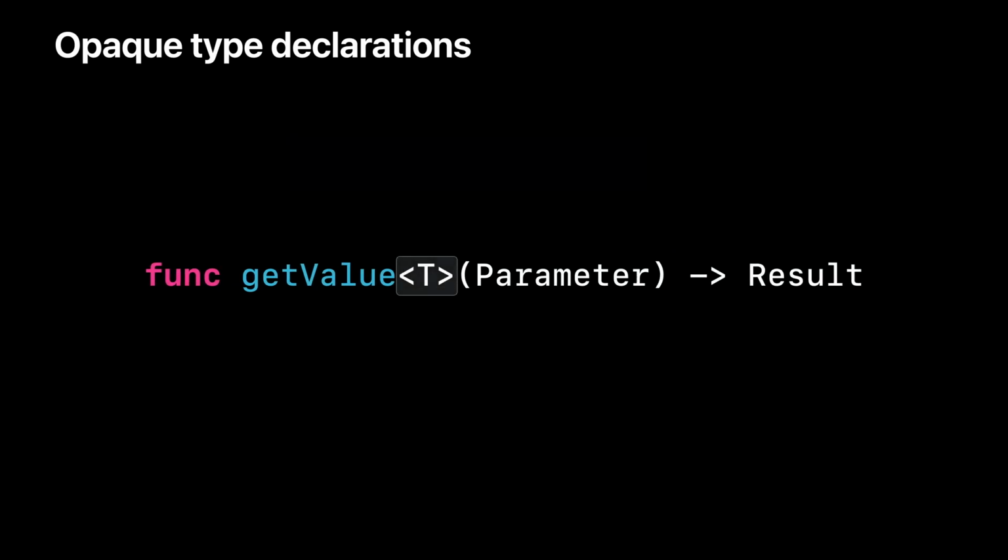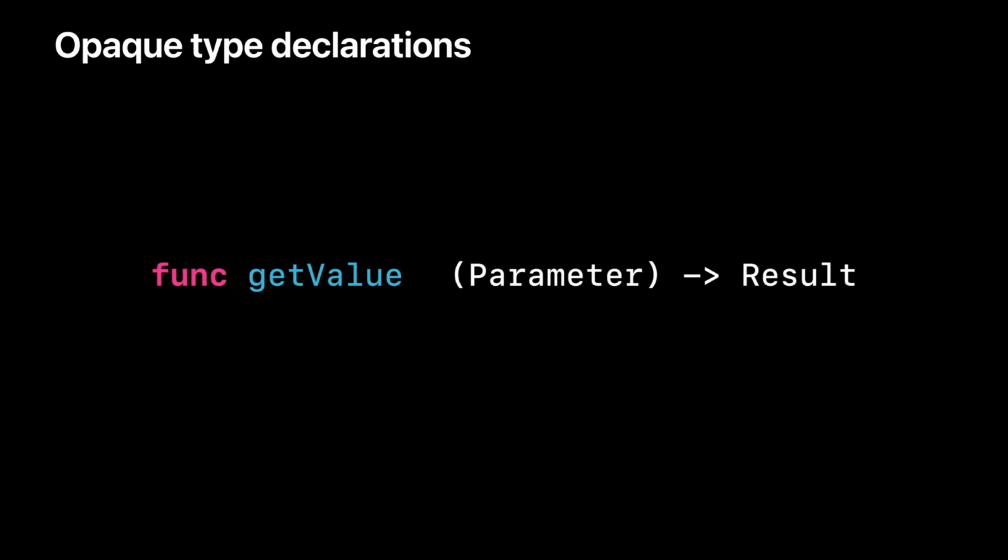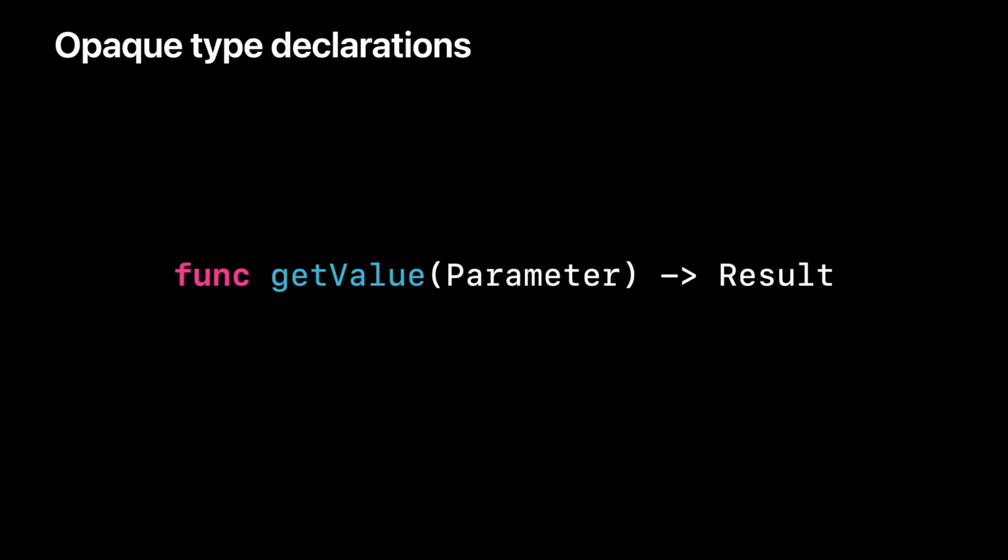Named type parameters are always declared on the input side, so the caller decides the underlying type, and the implementation uses the abstract type. In general, the part of the program supplying the value for an opaque parameter or result type decides the underlying type, and the part of the program using the value sees the abstract type.